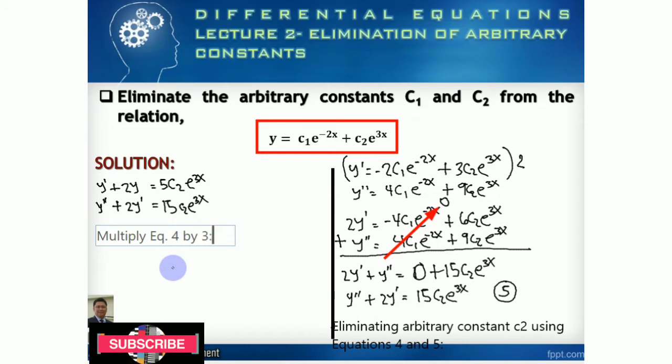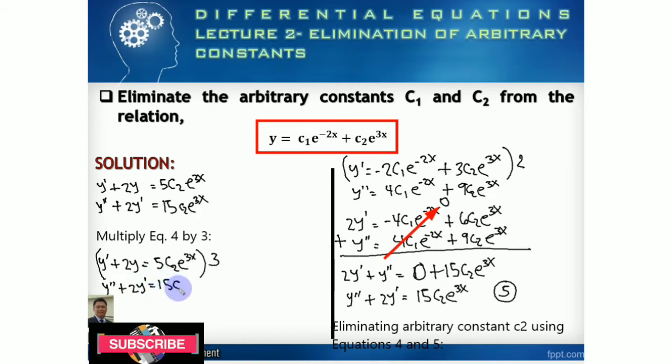After multiplying equation 4, we have y prime plus 2y equals 5 C2 times e raised to the power of 3x times 3. And then y double prime plus 2y prime is equal to 15 C2 times e raised to the power of 3x.